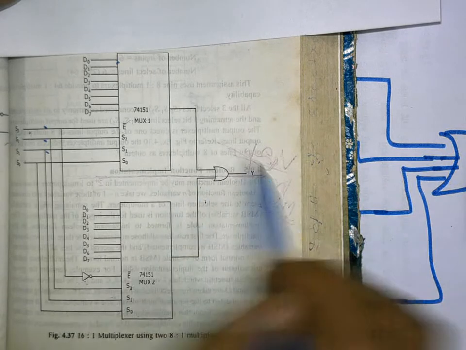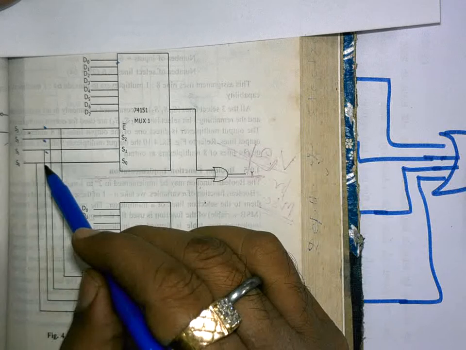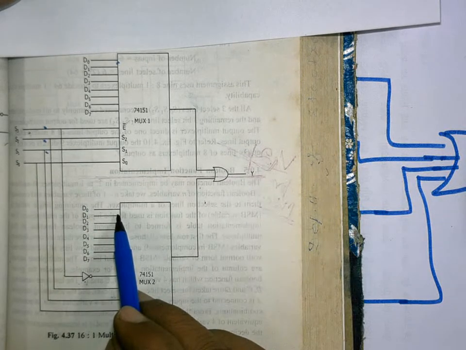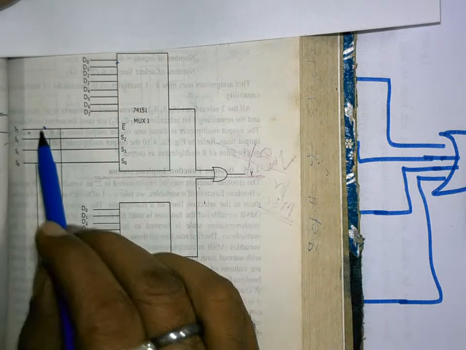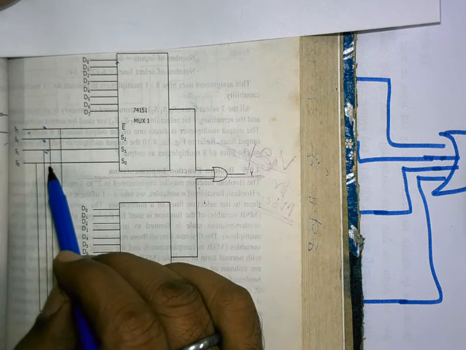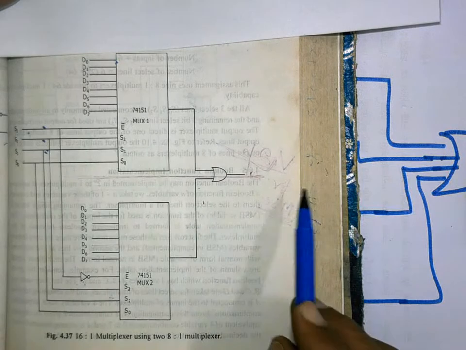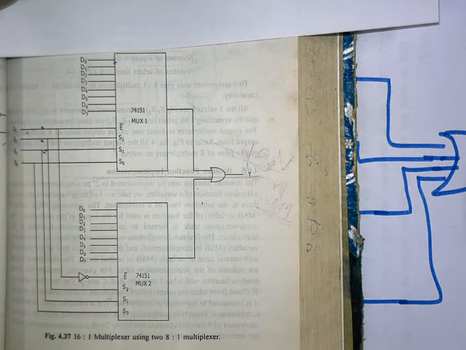And if you put 1 and 0 0 0 over here, this D0 of this multiplexer will appear at the output. Okay. And if you put 1 and 1 1 1, then D7 of this multiplexer will appear at the output. So this way you can make a tree of multiplexers and make larger and larger multiplexers as per your requirement.